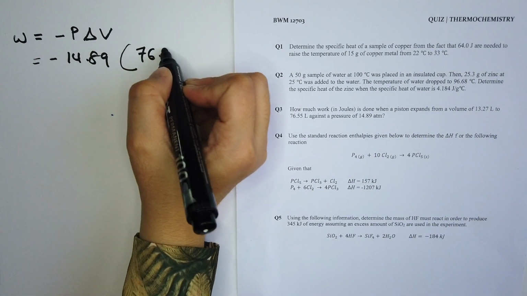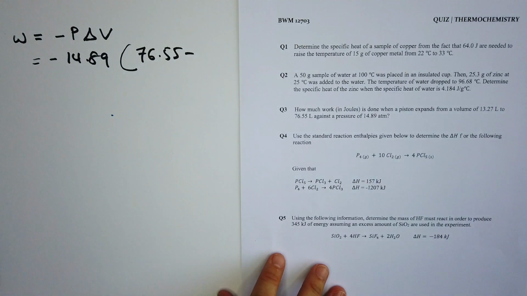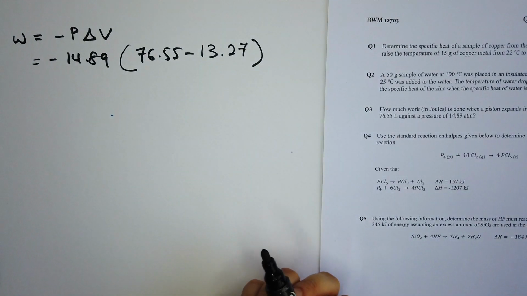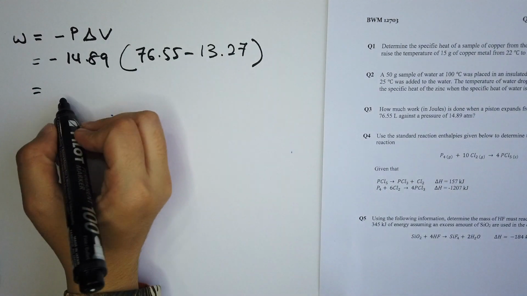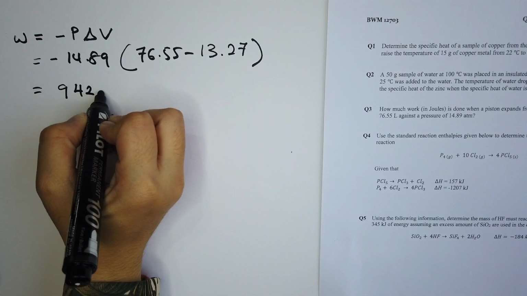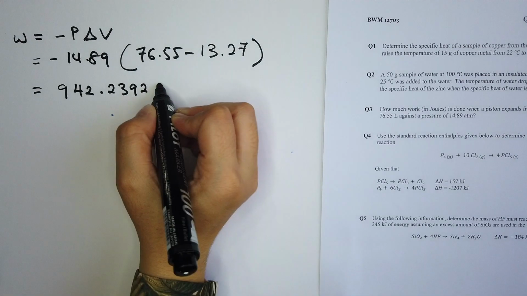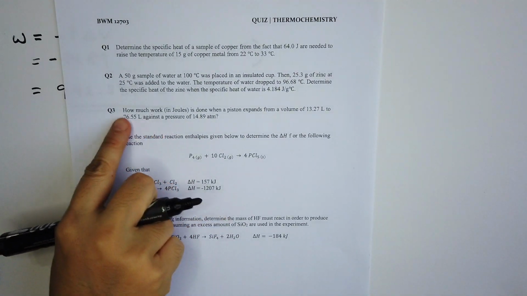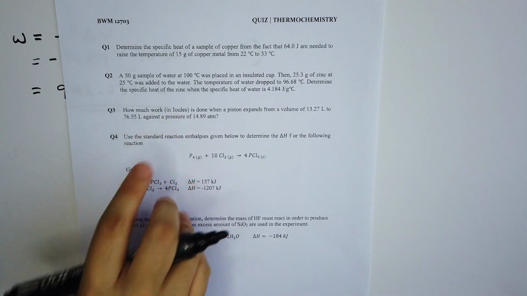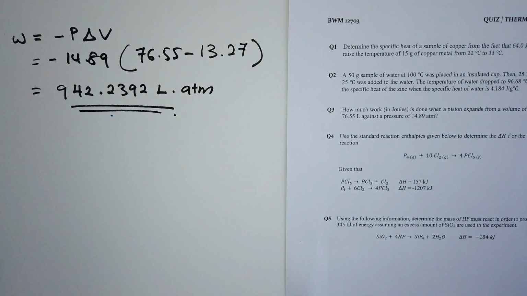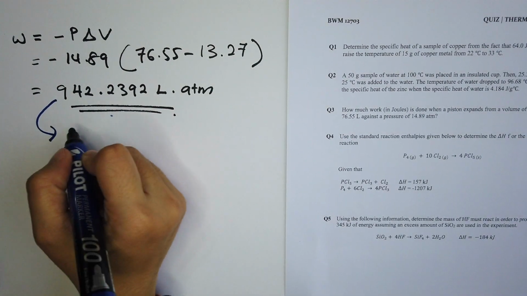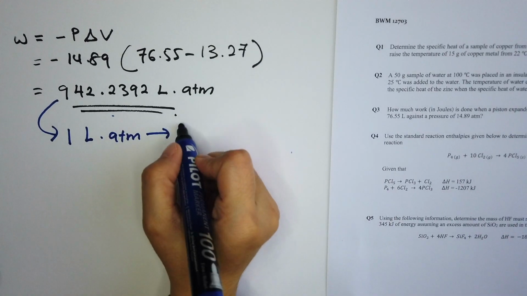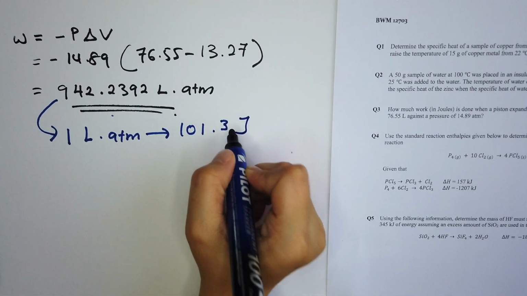So 76.55 minus 13.27. You should get your work equal to 942.2392 liter atm. But look at the question again: how much work in joules? Don't forget to convert this value to joule. 1 liter atm is equivalent to 101.3 joule.